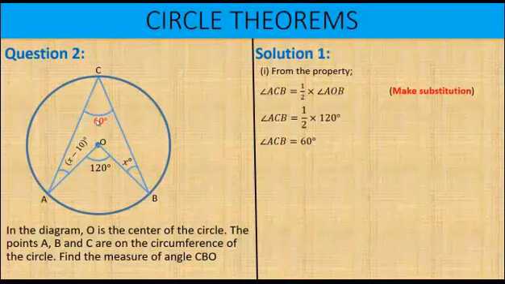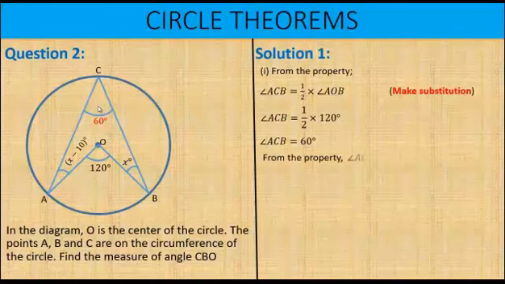Good. Now that it is written, we know that when we add angles CAO and OBC, they should give us the angle at the circumference.